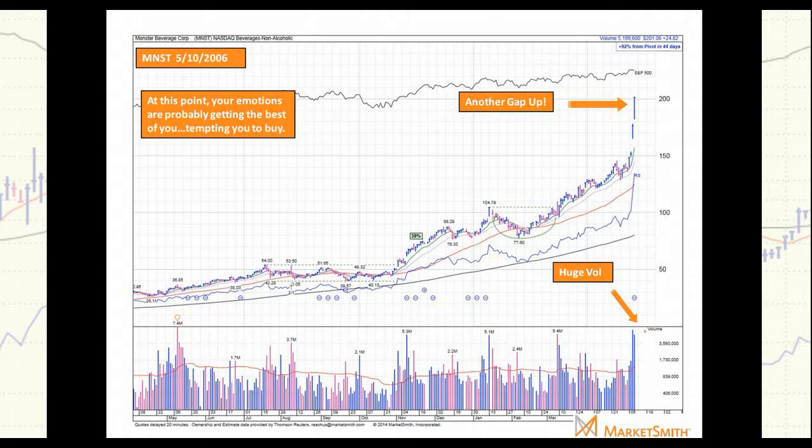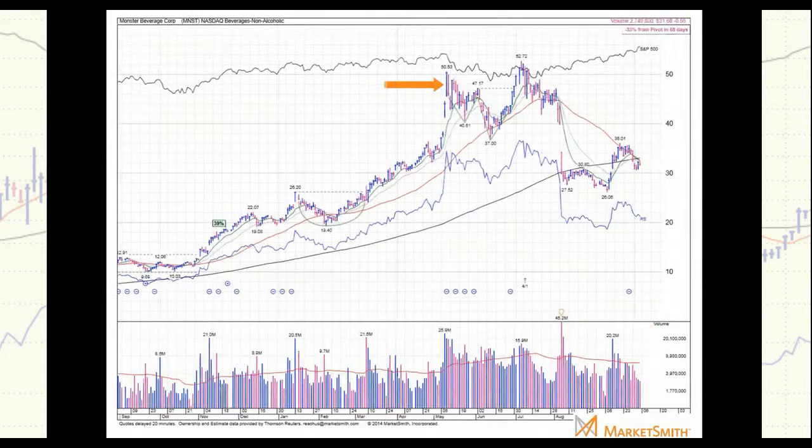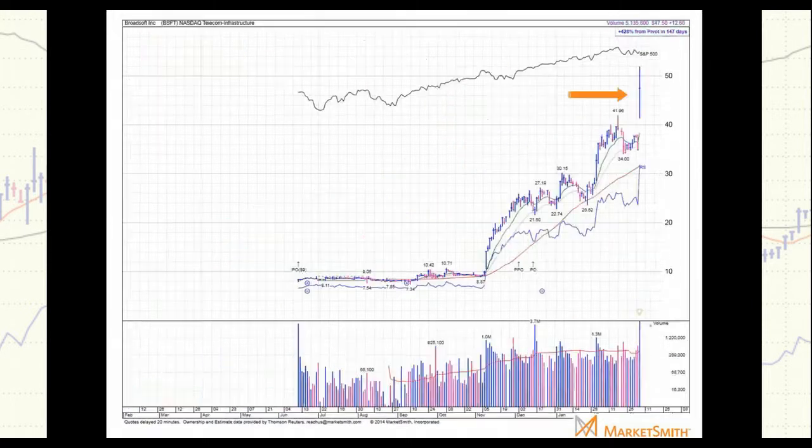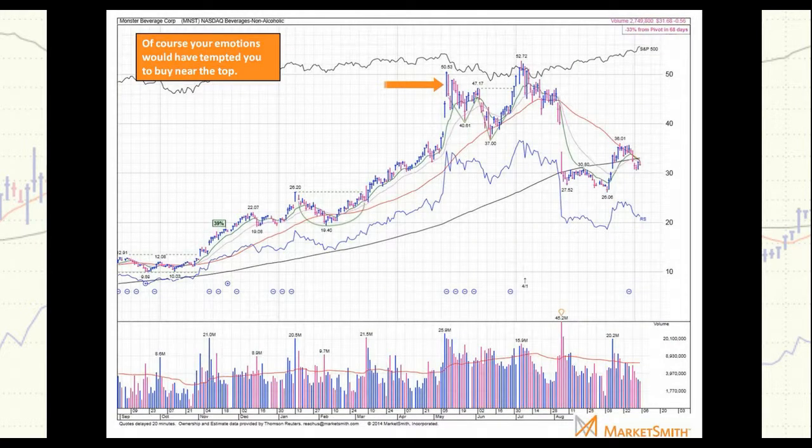And you have to be careful of your emotions because they are going to really get you in the stock at the wrong time. And so here's that point at this time, right? And so you're just buying right at the top. And you know what's funny is that it did correct quite a bit, and it did even go into newer highs. And sometimes they'll just do that, but usually when you see that kind of move, you know that okay, it needs a rest.